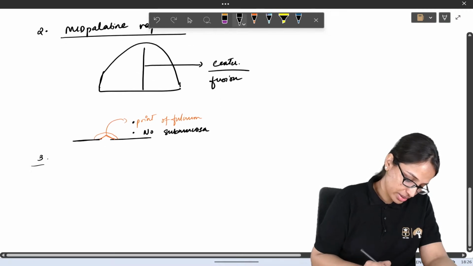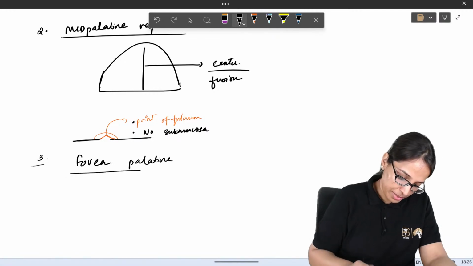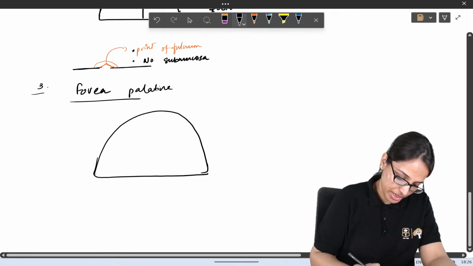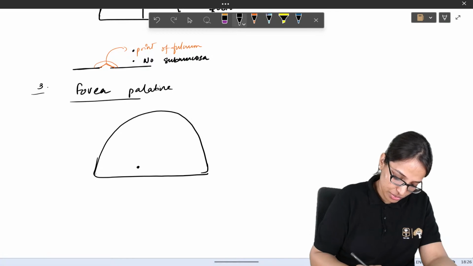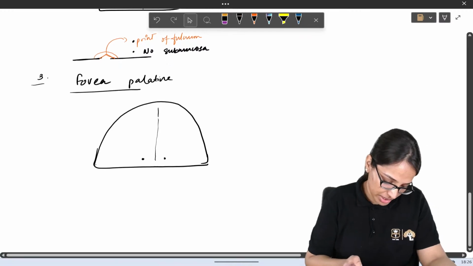The third point of relief is our fovea palatini. Where is the fovea palatini located? Fovea palatini is basically the coalescence of some ducts of minor salivary glands, usually present posteriorly like this, near the midline.